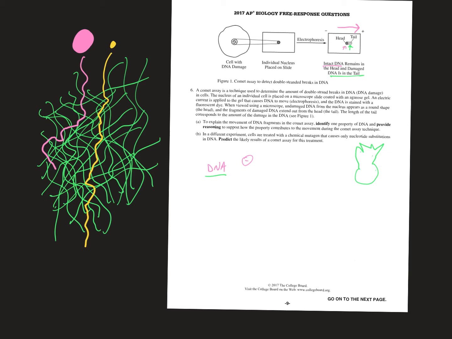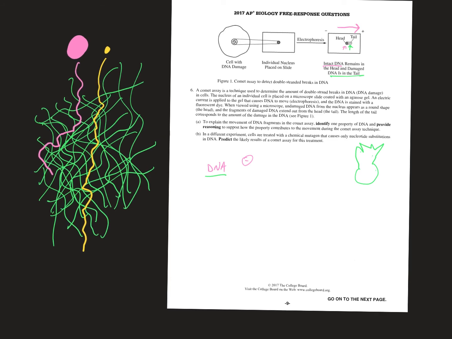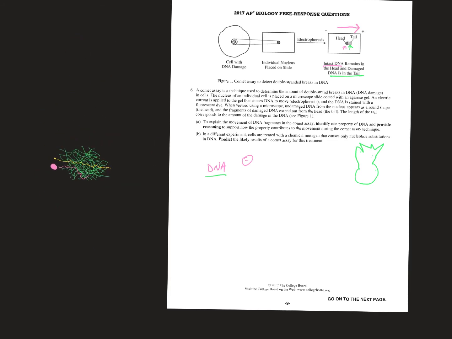So when you're looking at it from the microscope scale, and this is actually at the very, very tiniest scale, at the molecular level, right? What you would see at the microscopic scale is the big ball of DNA up here, and then as the fragments got smaller, they move further down the gel across towards the positive end.